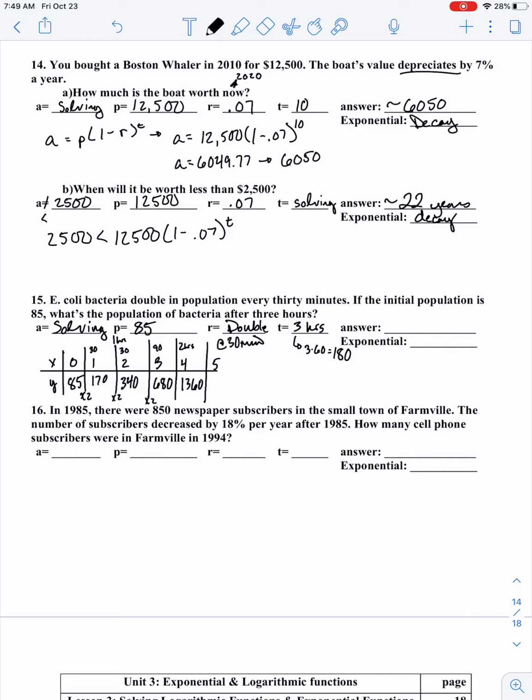After 5, it's been 150 minutes. Again, multiply it times 2. It's 2720. And after 6, it's been 180 minutes. And we have 5440. That's what we were trying to find. Again, it's exponential growth.